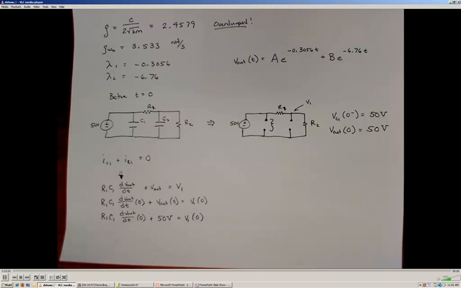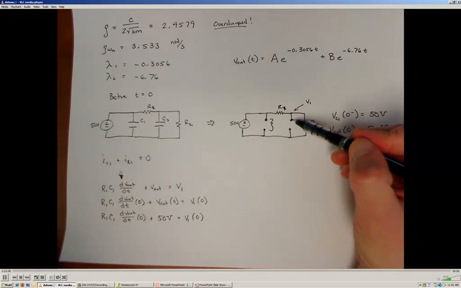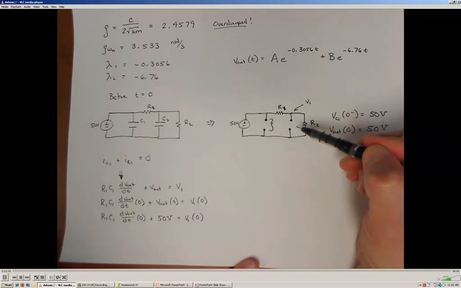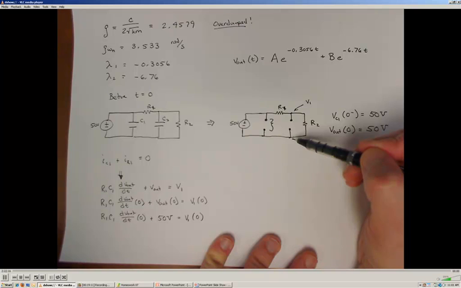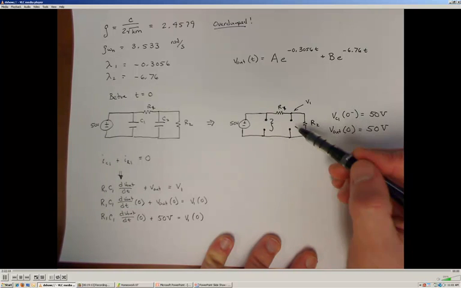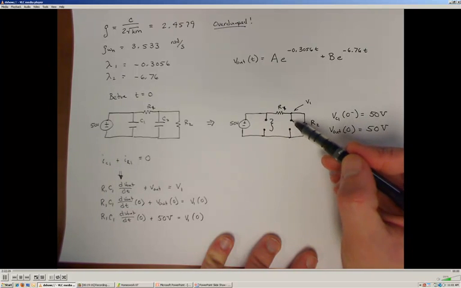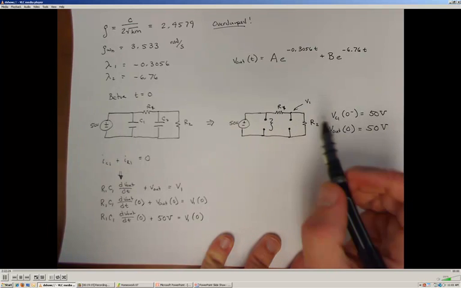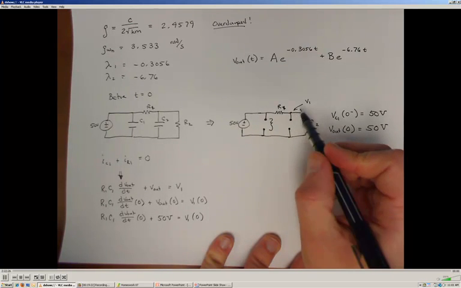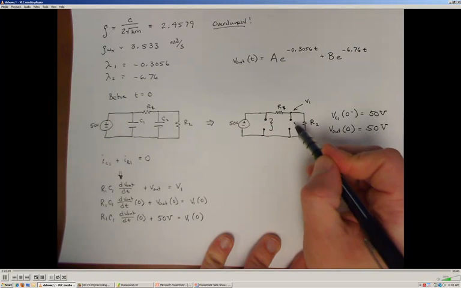Well, we can determine that, again, because we know how capacitors behave. If they've been operating in the DC steady state, we know that the electric field is going to be fully established, so no current is going to flow through the capacitor.